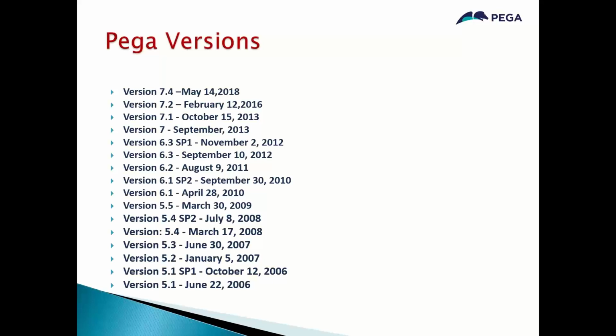Before that, Pega has many versions, starting with 5. Actually, real development started with version 5, even though before that they had some trial versions like 4. But the main development started with version 5 after 2005, then 6 and so on. Then they released many versions. Why will they release versions?